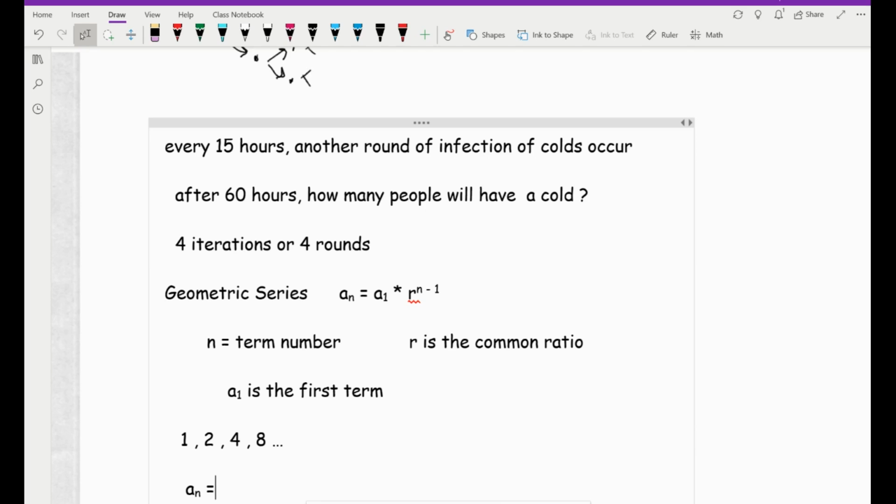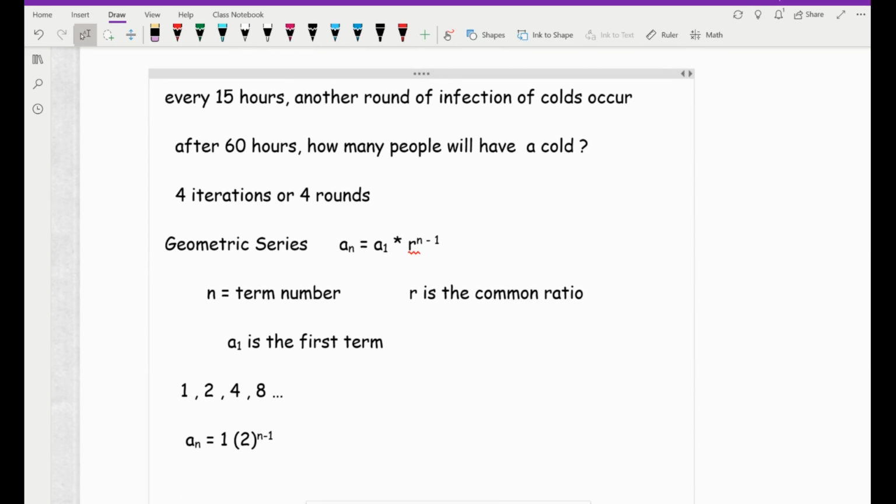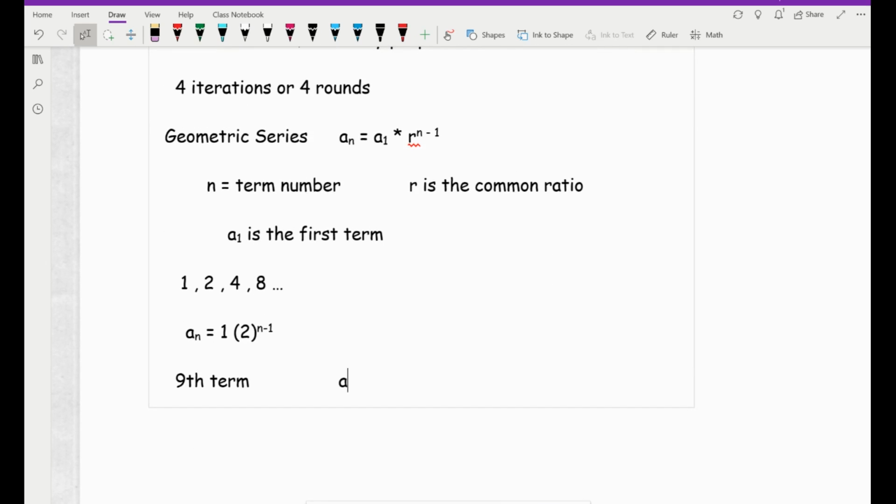So the way we're going to write this basic equation is the first term, the common ratio, each time the numbers are doubling, and n minus 1. Let's say I want to find the ninth term. What is the ninth term? Well, we write it as a sub 9, the ninth term, will be the first term, which is starting with 1.